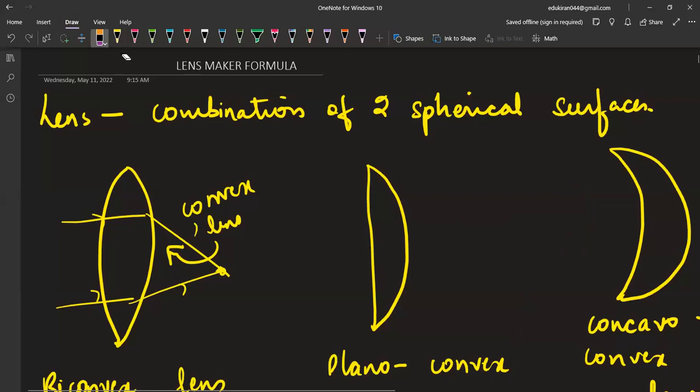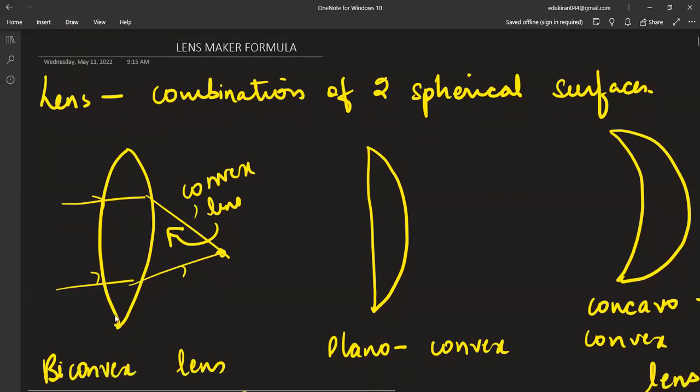It can be concave, it can be convex. Like this, you have the convex lens. Here, light rays will come and they will converge at a point. And if I take this, this is biconvex. You can see two lenses are present, so biconvex. On this side, this is plane, and this side is convex.